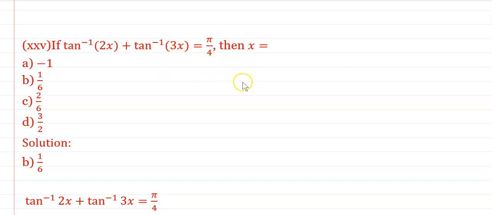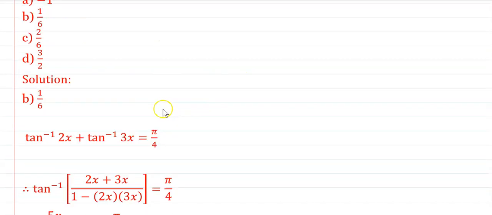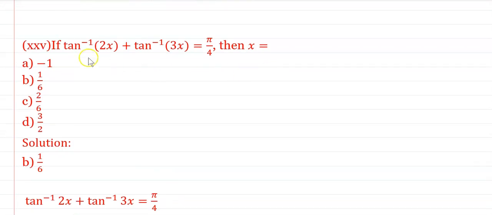Therefore here we can write it like this: tan inverse of a plus tan inverse of b means what? There is a tan inverse of 2x plus 3x upon 1 minus 2x into 3x means what?